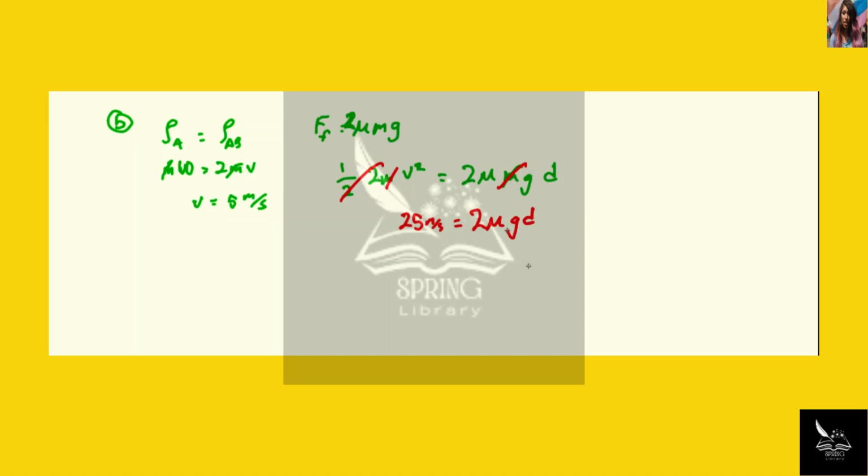So if we solve for d, we should end up with 25 divided by 2 times mu times g. And we were told that we can use 10 for g. So it's 2 times 10, or 20, times 0.1. So 2 again. You should end up with 12.5 meters.